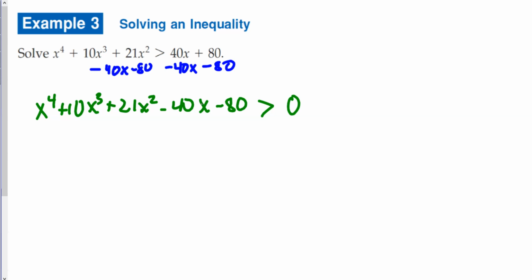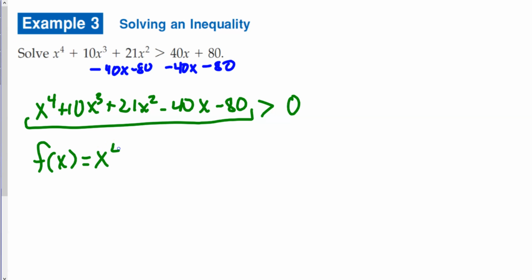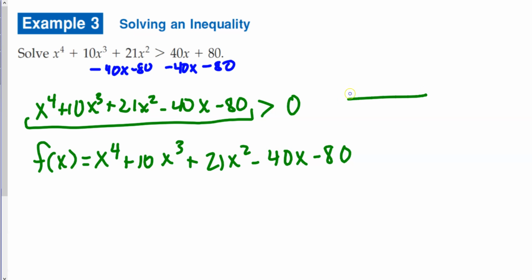But what I'm going to do now is take this whole left-hand side and make that a function that I'm going to plug into a graphing calculator, find the solutions, and then determine where it satisfies this inequality. And this inequality says that all this stuff has to be greater than 0. So let's take a look at the GeoGebra graphing calculator.